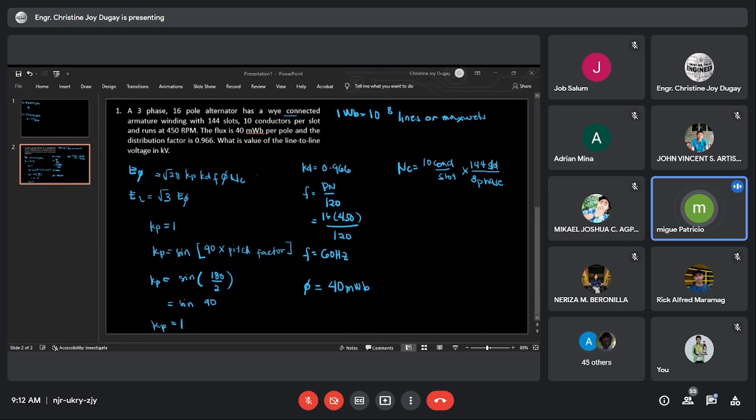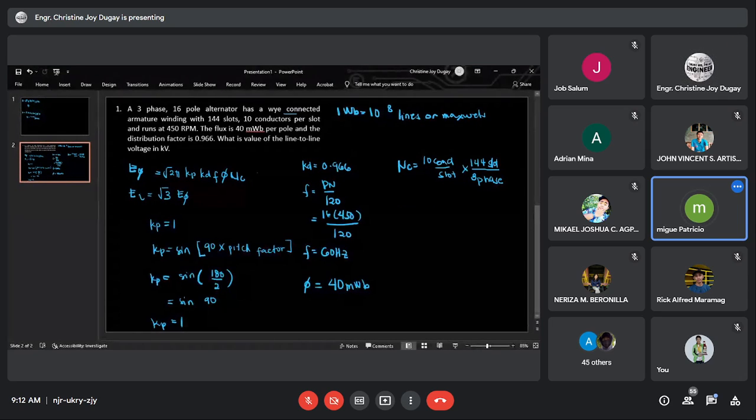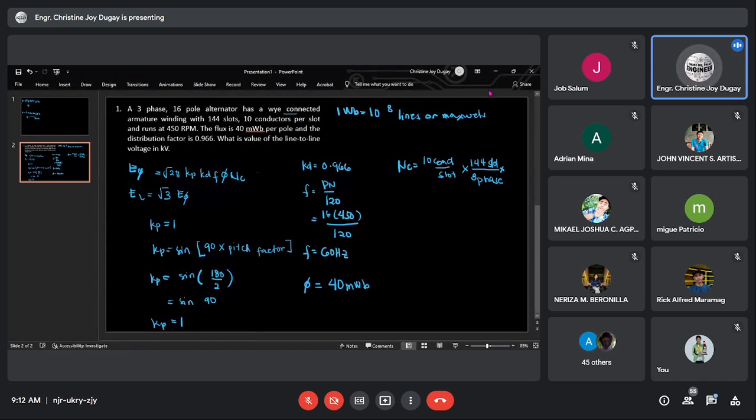In one turn, there are 2 conductors, times 1 turn per conductor. 2 conductors, no?